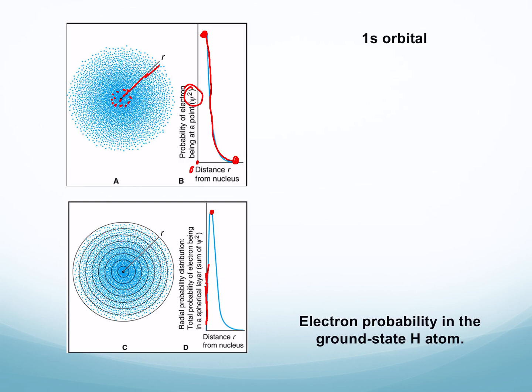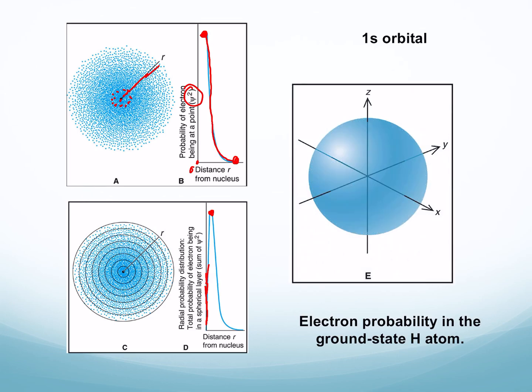But again, you don't really need to worry about why that happens. What you need to know is that as you get farther from the nucleus, it's less likely that you would find it. So here's what our s orbital looks like in general. Like we said, the electron is likely to be really close somewhere in here, less likely to be somewhere out here.